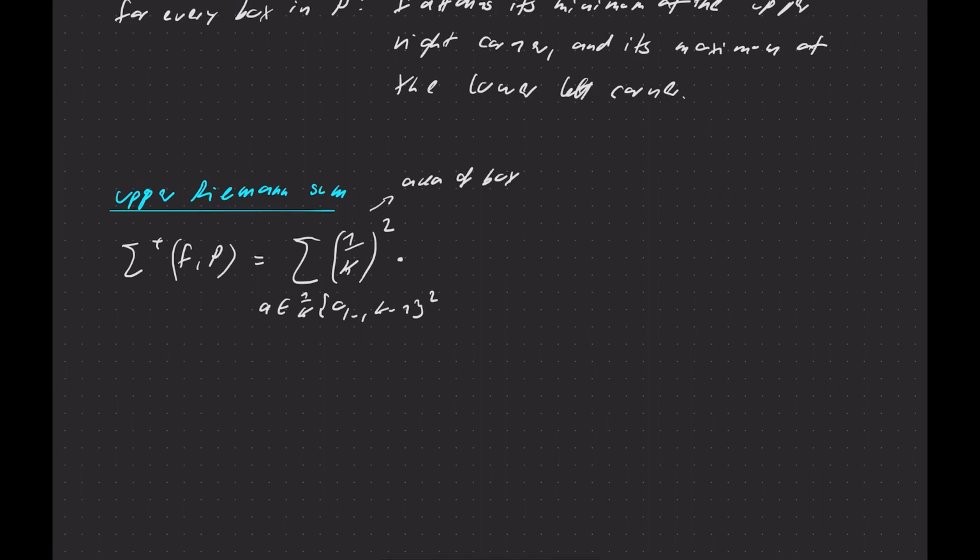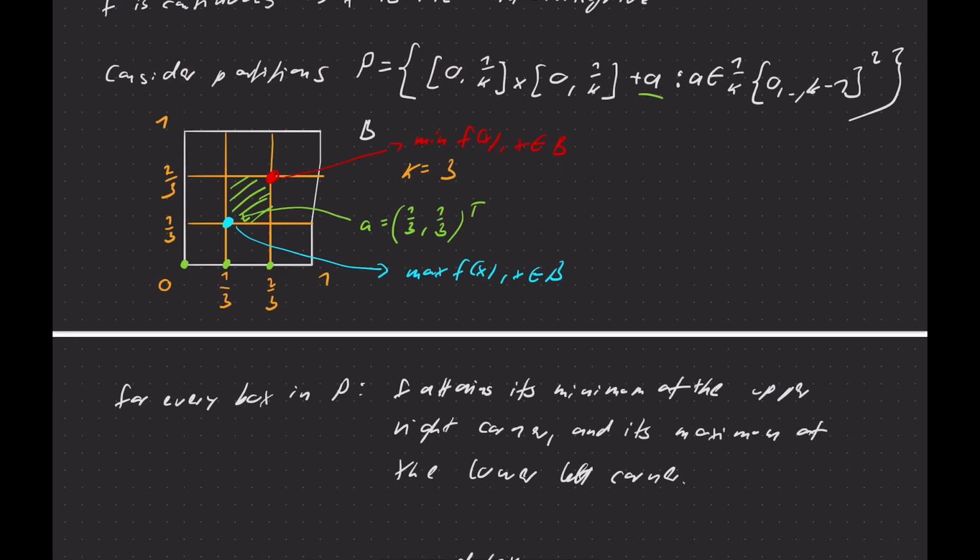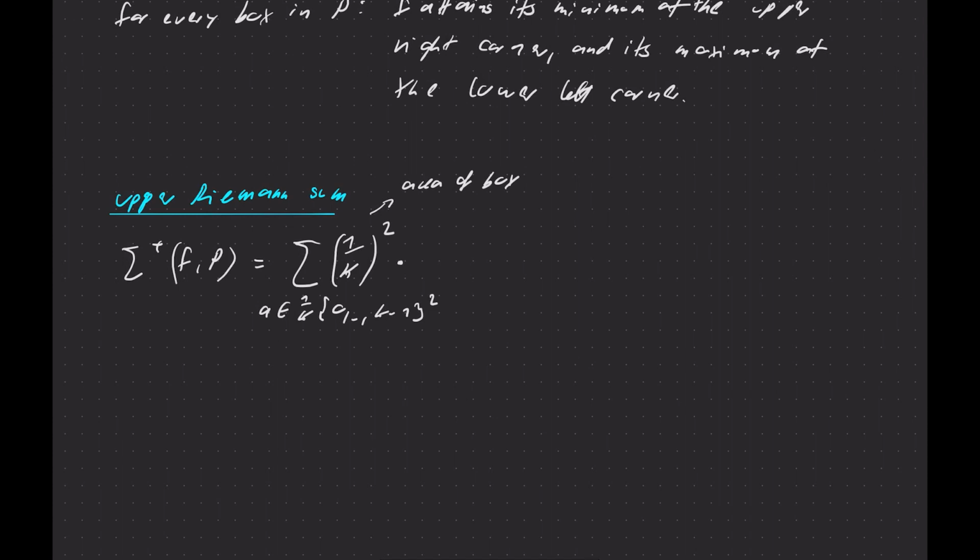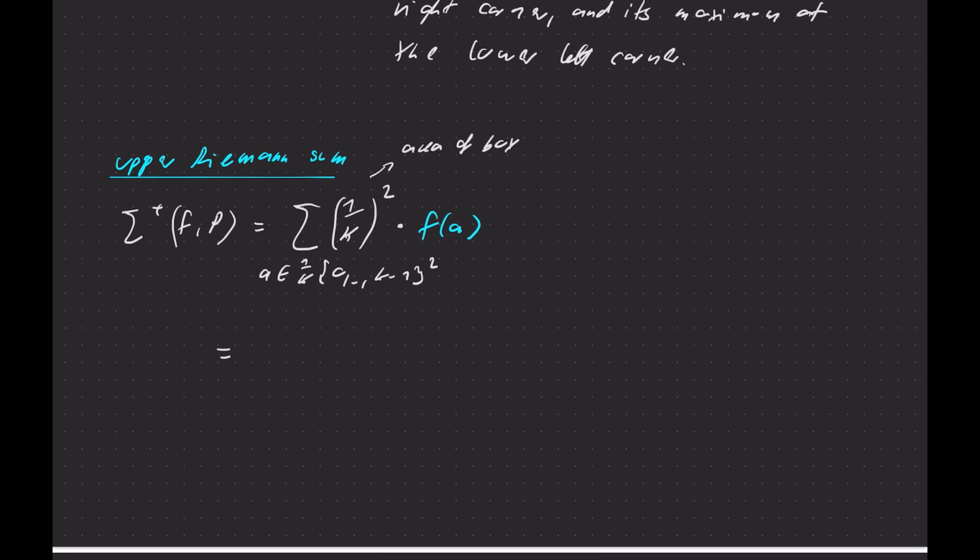And we already saw that function value is attained at the lower left corner here. And that is just the point A. That's where we pin that box, right? So times f of A. So that is what we have to compute. And that's a little tedious, but not that hard to do, actually.